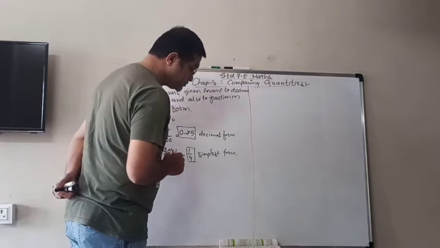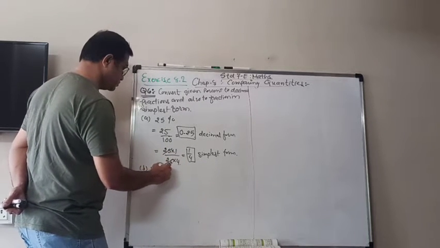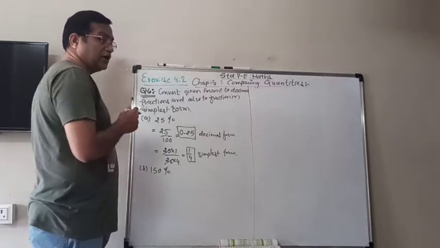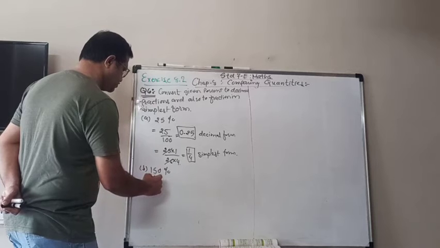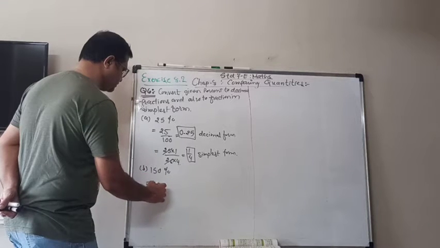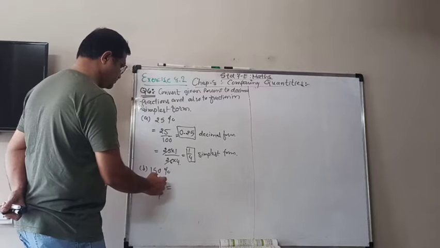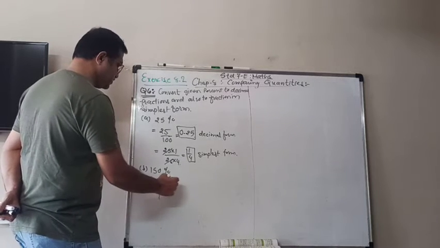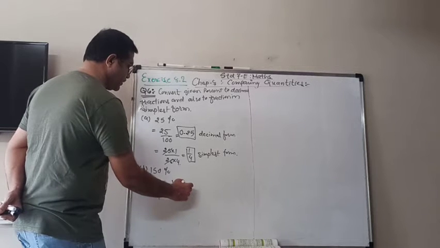Next is 150 percentage. So here also we have to do both things. 150 upon 100, and then one zero is cancelled. So 15 upon 10, that is 1.5.